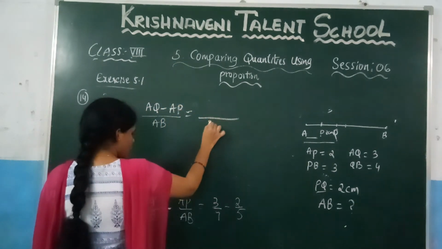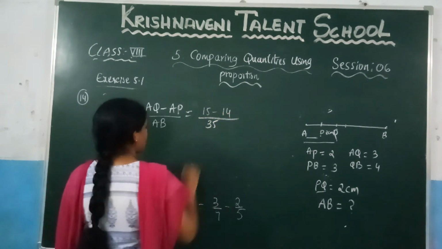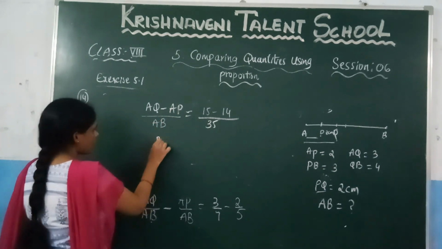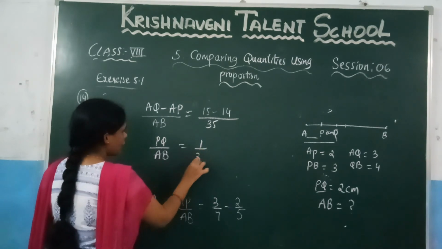Now solve this one. You got it here 15 minus 14. And what is AQ minus AP, which is nothing but PQ by AB is equal to 1 by 35.